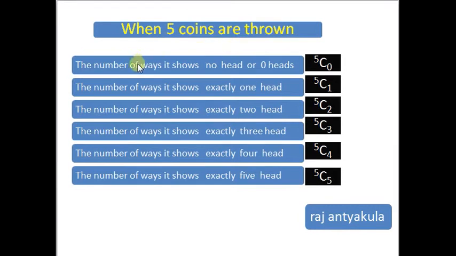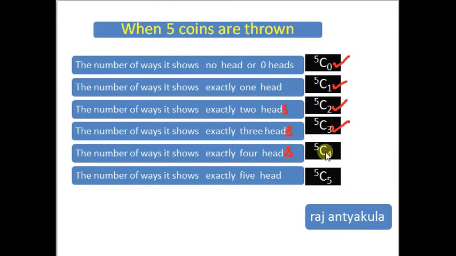See, when 5 coins are thrown, the number of ways it shows no head or 0 heads is 5C0. The number of ways it shows exactly one head is 5C1. Exactly 2 heads is 5C2. Exactly 3 heads is 5C3.